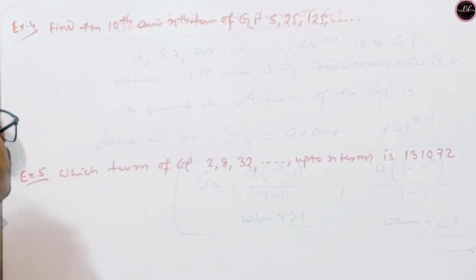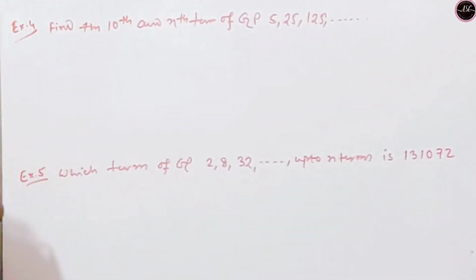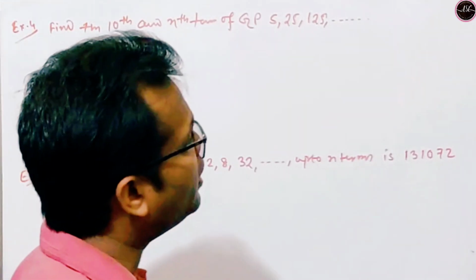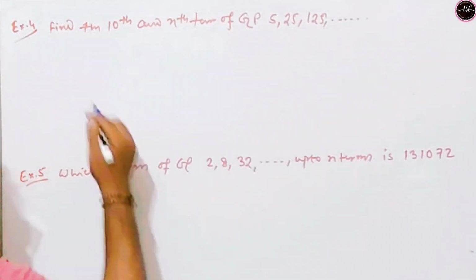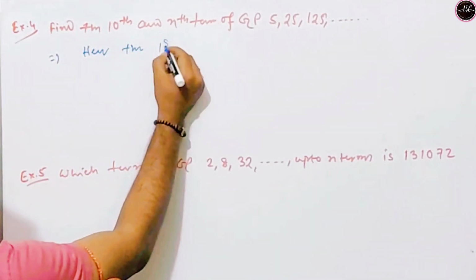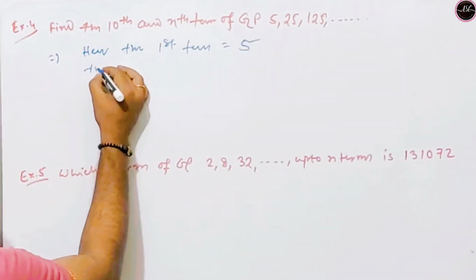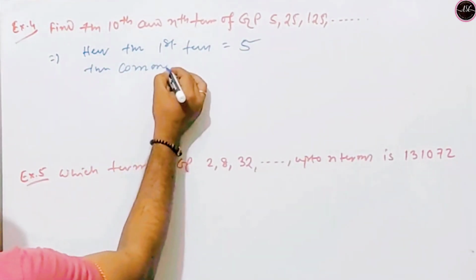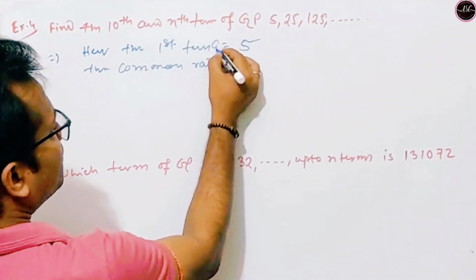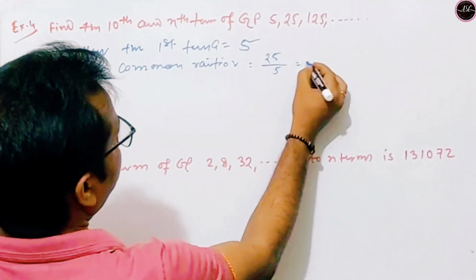Then look at this question. Find the 10th term and nth term of GP 5, 25, 125 up to infinity. So here the first term a is 5. The common ratio r equal to 25 by 5, that means 5.